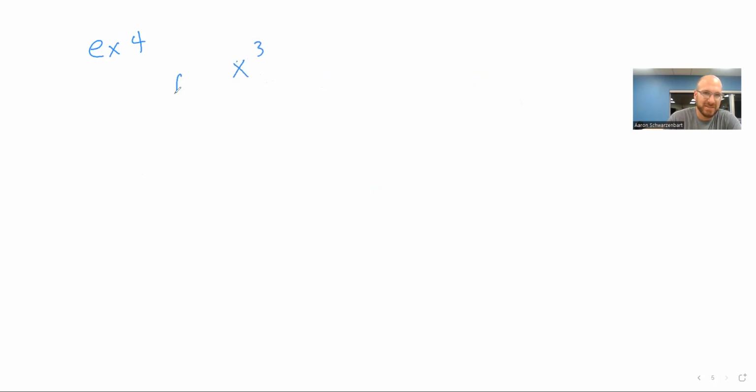F of x equals x cubed over x squared minus 9. So I'm going to do this a little bit. X plus 3, x minus 3. I'm also going to put in this little plus 0. It's going to help me later.